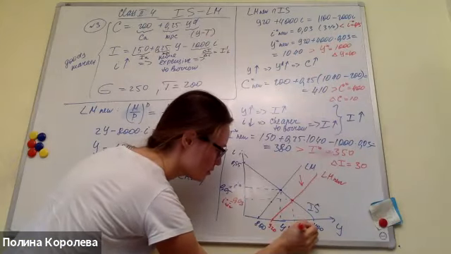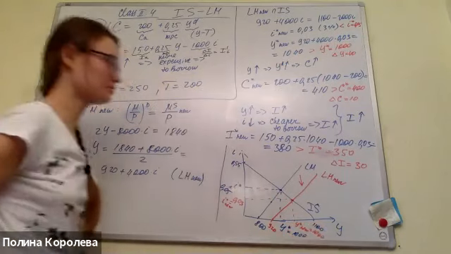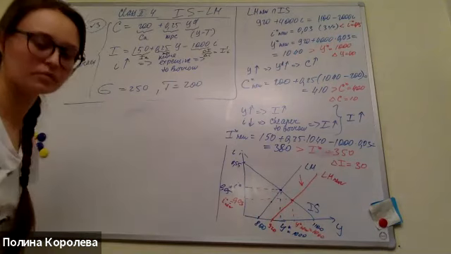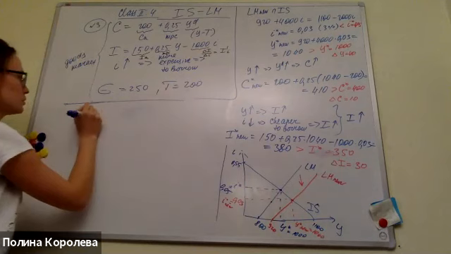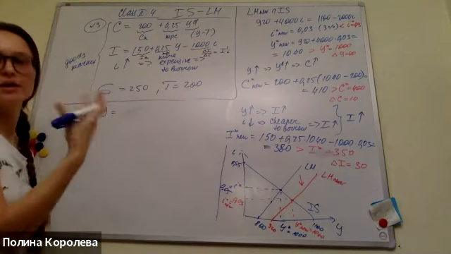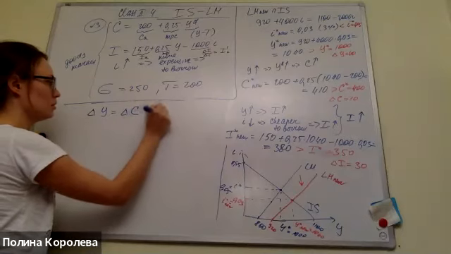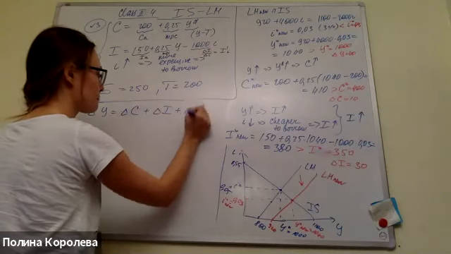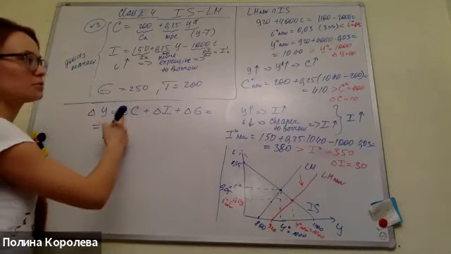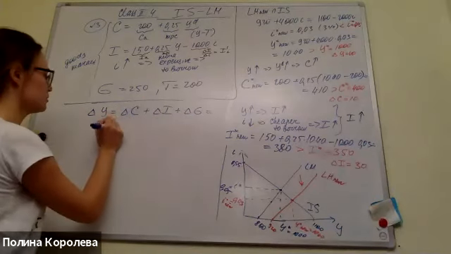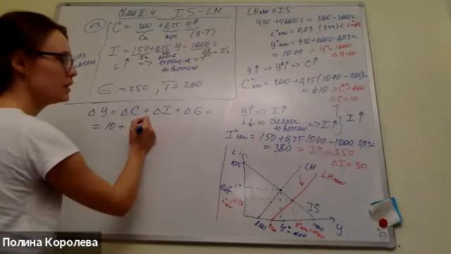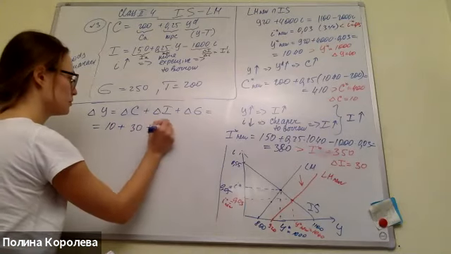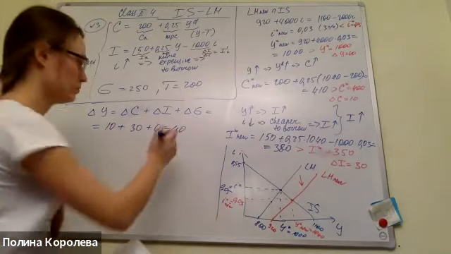So the change in GDP consists of the changes in all parts of aggregate output: change in consumption 10, change in investments 30, change in government spending is 0 because it's constant. This is 40. Okay, checked.